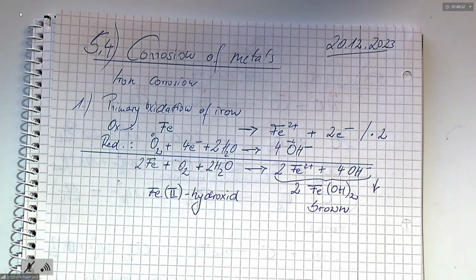That's the iron 2 hydroxide. Because we know already we have even an iron 3 plus possible, but the further oxidation from iron 2 plus to iron 3 plus needs more reduction potential.